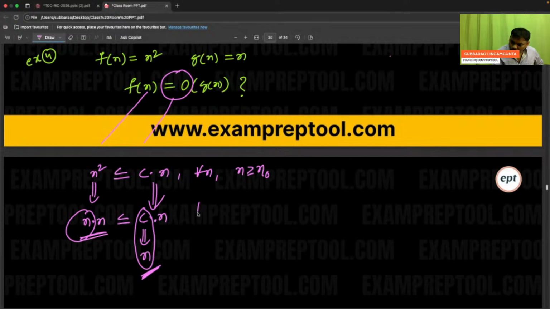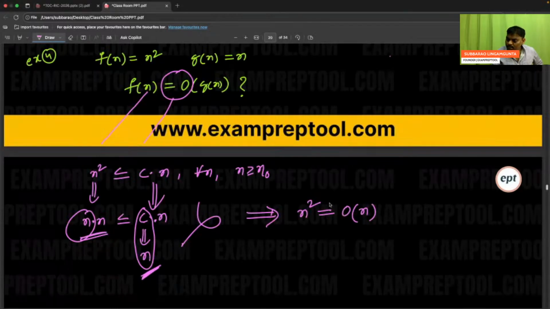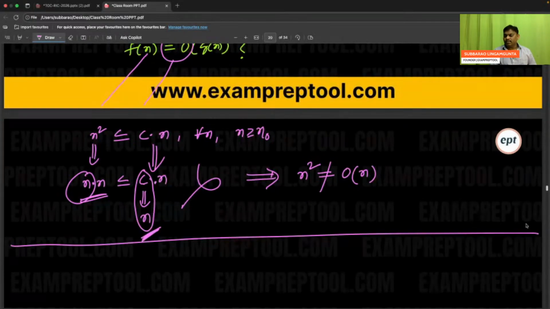Because you are unable to do this, I can say finally f of n is not big O of g of n, where f of n is n square and g of n is n. Comparing n square and n, I cannot say n is bigger. So if I don't keep any condition, like that constant help, there is no meaning. Big O notation means very simple: right bigger after taking constant help.